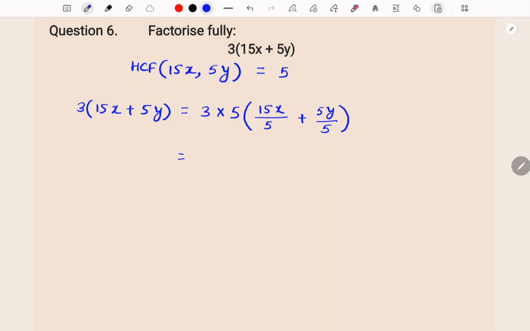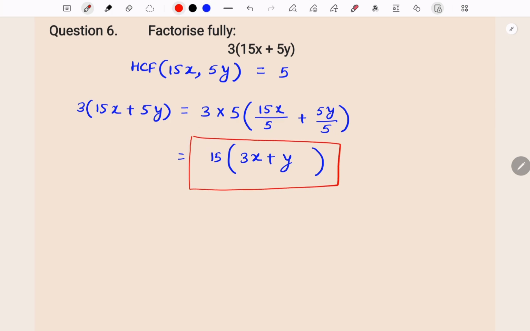Okay, 3 times 5 is 15, and now let's simplify inside the bracket. 15 over 5 is 3, so we have 3x, plus 5y over 5 is simply y. So we have 15 multiplied by (3x + y), and this is the final answer.